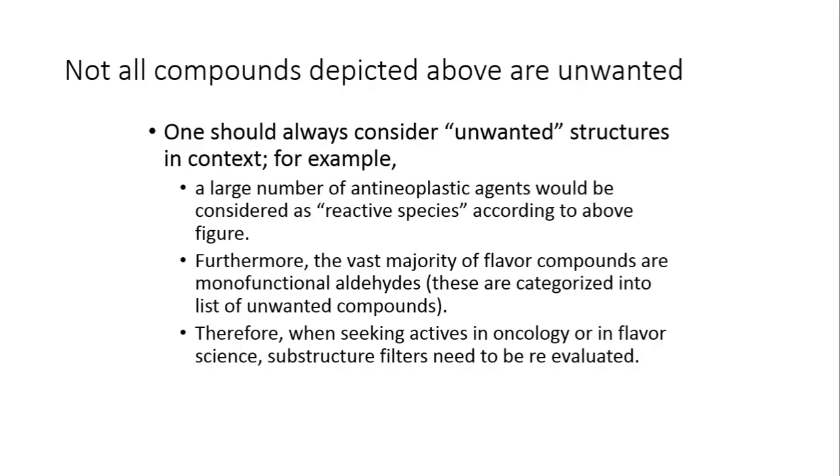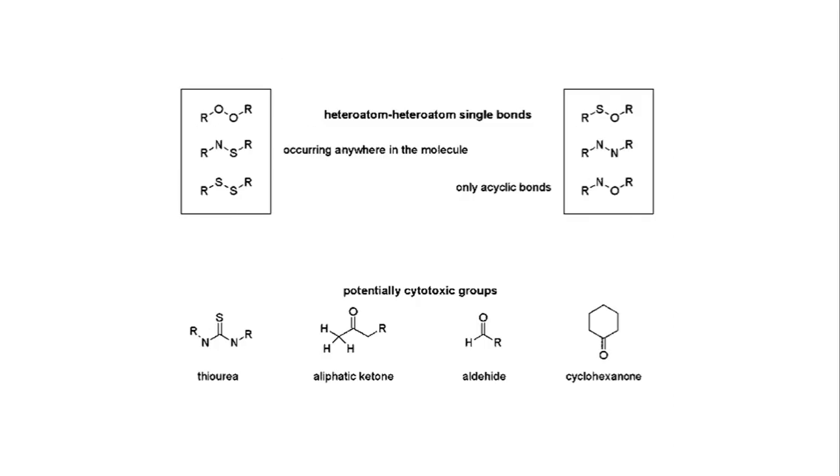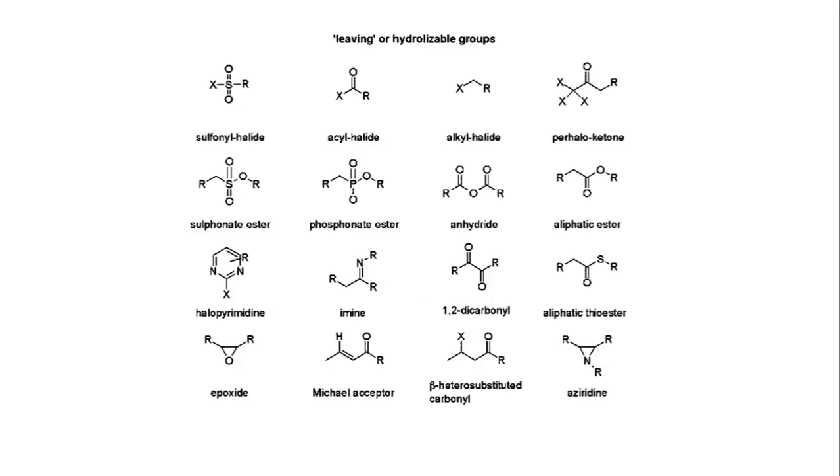A large number of anti-neoplastic agents, that is anti-cancer agents, would be considered as reactive species according to the substructures I have shown now, because most of the anti-cancer compounds might contain those functional groups that I have already classified as either cytotoxic groups, or they might contain heteroatom single bonds, or leaving or hydrolyzable groups.